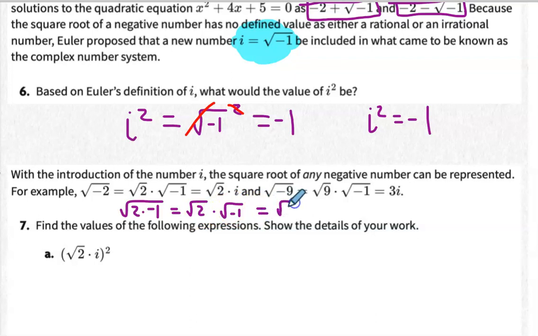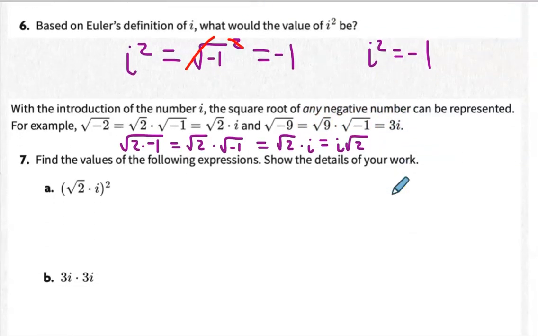So the square root of 2 times i, which is more commonly written as i square root of 2. All right, it works when we have perfect squares as well. So -9, we see they split that up into the square root of 9 times the square root of -1. Well, the square root of 9 is just 3. The square root of -1 is i, so that becomes 3i.